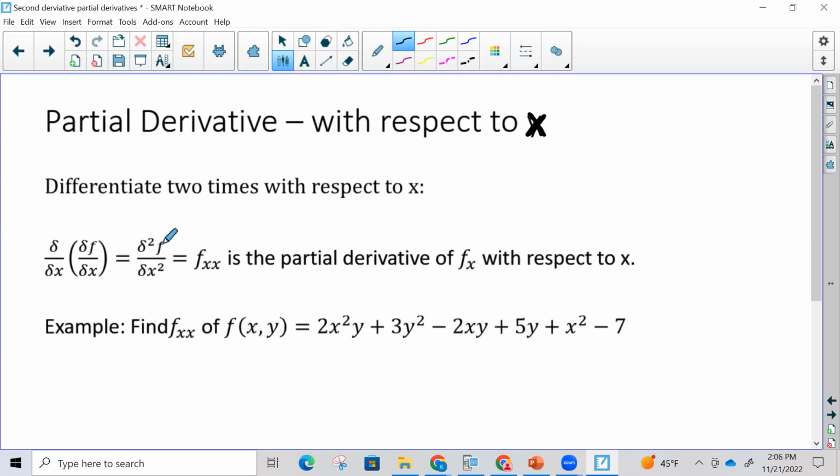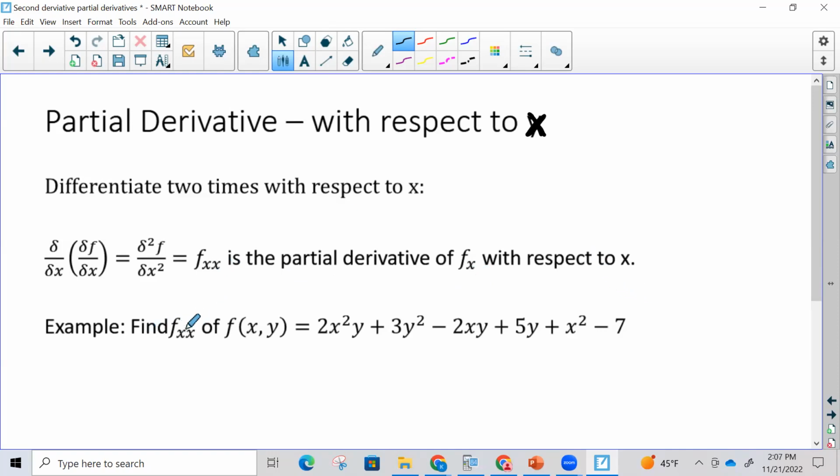One notation is delta squared f over delta x squared, which represents taking the second derivative with respect to x both times. The notation we mostly will use is f of xx. This says we're taking it with respect to x and then with respect to x again, so that's the partial derivative of f of x with respect to x.